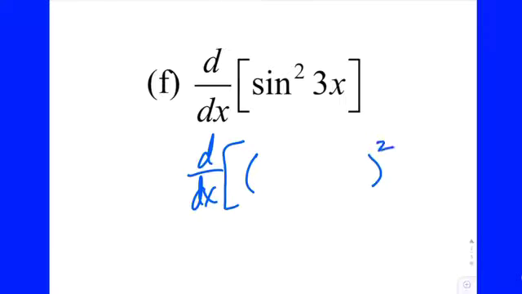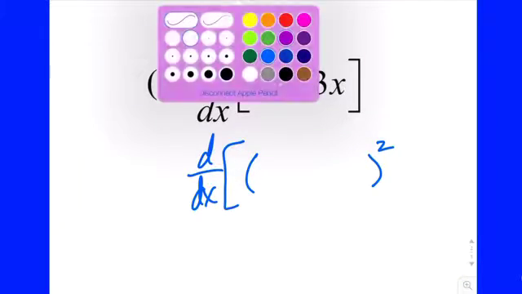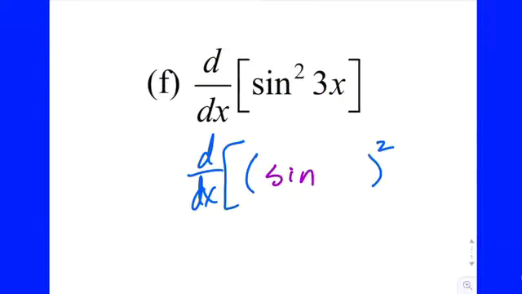We're actually squaring the sine function, so it's sine squared, and then we have sine of, and then we have 3x. How many layers do you see there? There's 3 layers. So if you ever have anything written in condensed notation, write it in expanded notation, and again, add grouping symbols around inside functions.